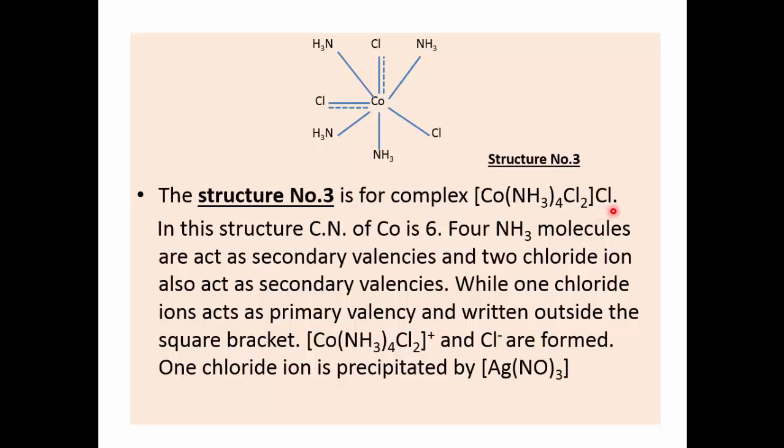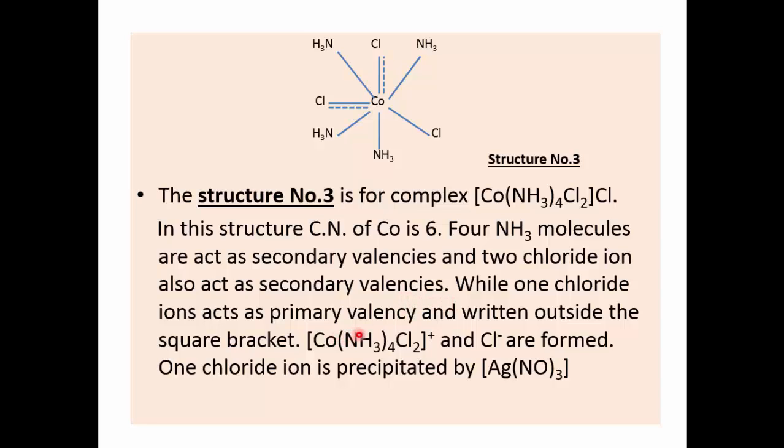This chloride ion is ionizable, acts as primary valency and is loosely held with the cobalt ion. While these 4 ammonia and 2 chloride ions are attached strongly to the cobalt ion, and hence cobalt shows coordination number 6. So 4 ammonia molecules as well as 2 chloride ions act as secondary valency.